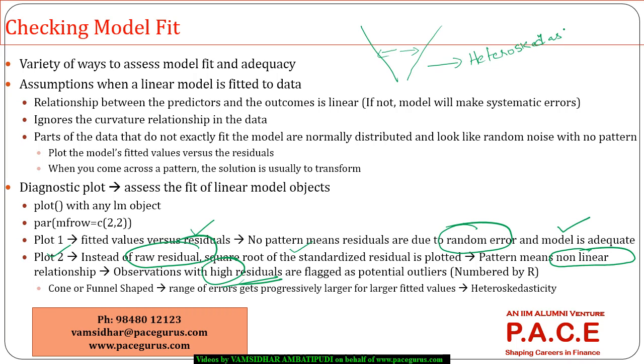So for some fitted values, the errors are much narrower, but as the fitted values go wider and wider from a particular range, I see that the volatility is increasing, which means the errors are becoming more and more wider. Even that can be made out typically from our plot 2.